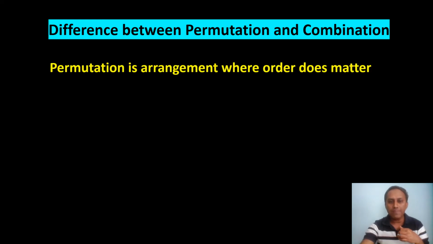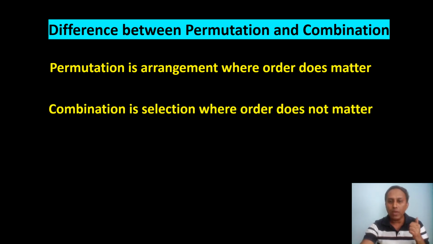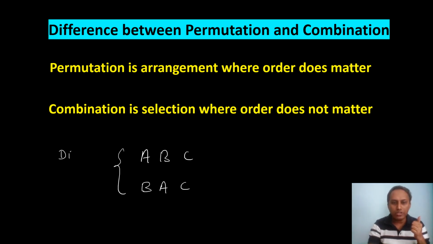So the first case where order matters is permutation or arrangement, and the second case where order does not matter is combination or selection. So basically permutation is arrangement where order does matter, and combination is selection where order does not matter. That means when I write A, B, C and B, A, C, these two are different in terms of permutation.